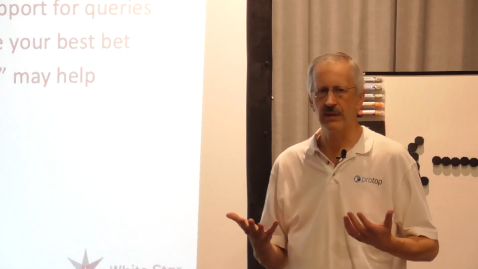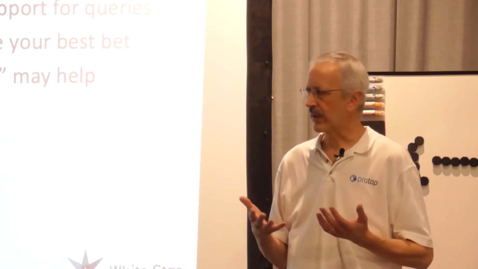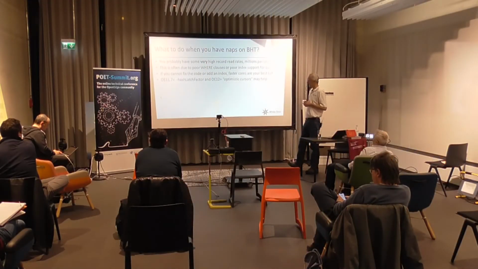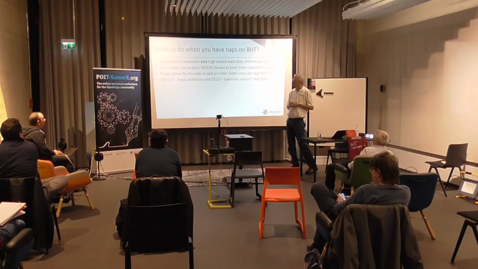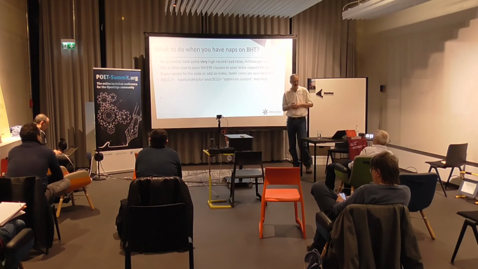Is my read activity sensible for my application? Is there something going on here that I can address from a coding perspective? If you can't, then your best bet is going to be faster cores. Other than that, you've got hash latch factor and optimistic cursors that might help you as you go forward in later OpenEdge releases.